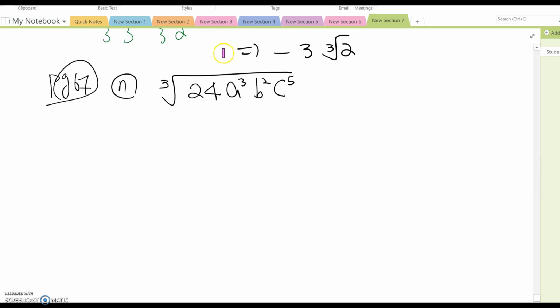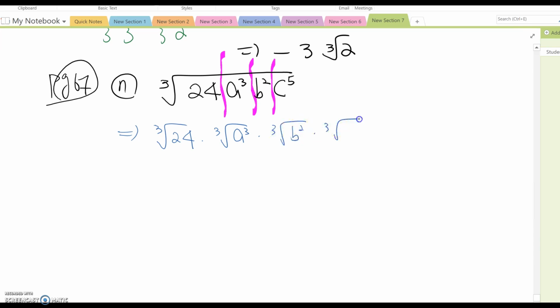As you see, this has a, b, and c here, so you can separate them and analyze them separately. So cubic root 24, cubic root a cubed, cubic root b squared, cubic root c to the 5th here.